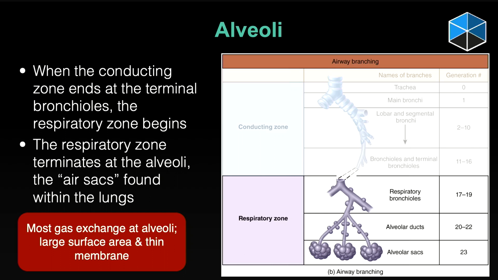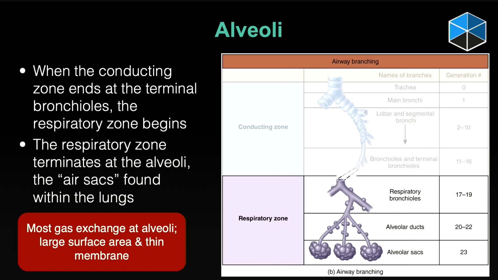So yes, these other structures can be involved in gas exchange, but they don't have as large a surface area or as thin a membrane as the individual alveoli. Those are 2 of the 3 primary reasons that gas exchange occurs, period. Large surface area and thin membranes.